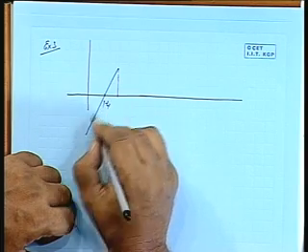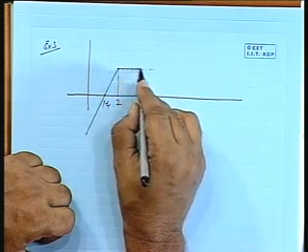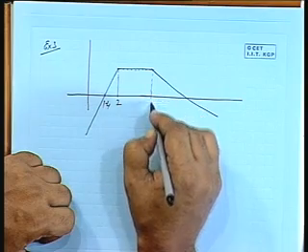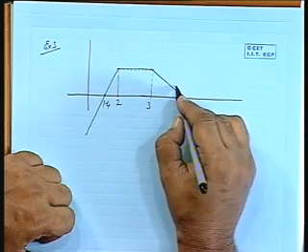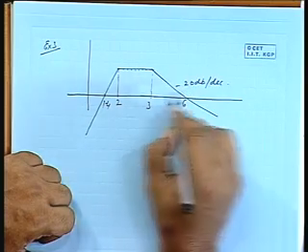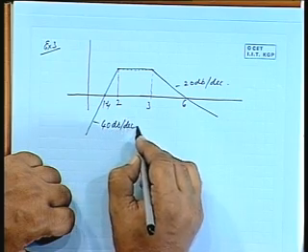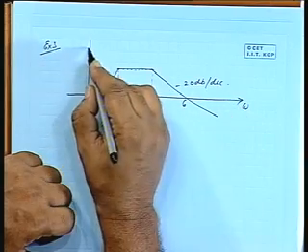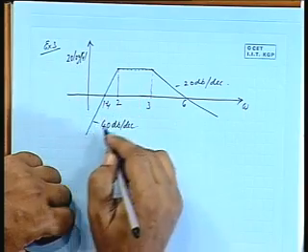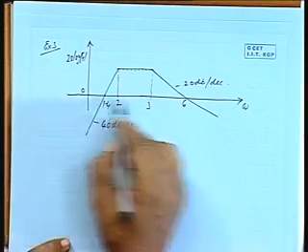This is 1.4, this is 2, this is 3, this is 6, this is 20 dB per decade, this is 40 dB per decade. This is 0. This is a 0 dB line.